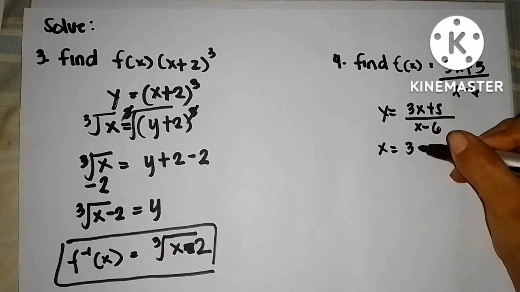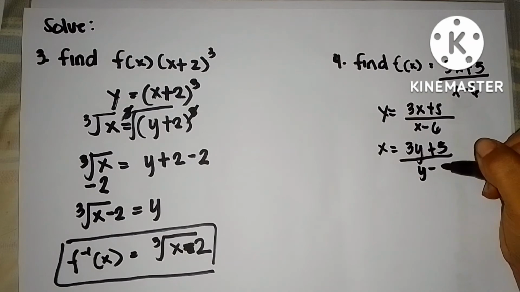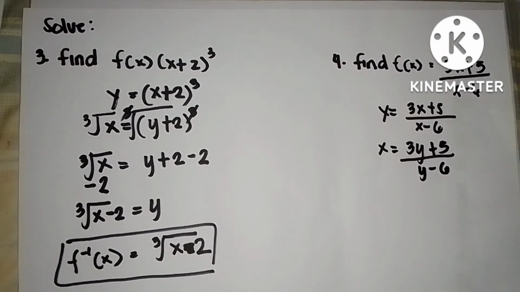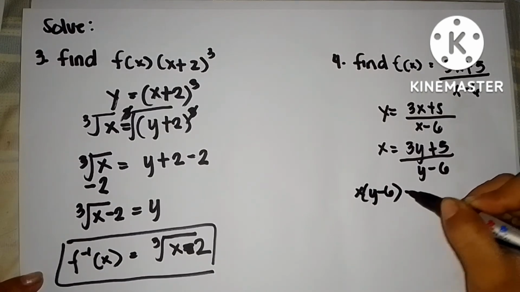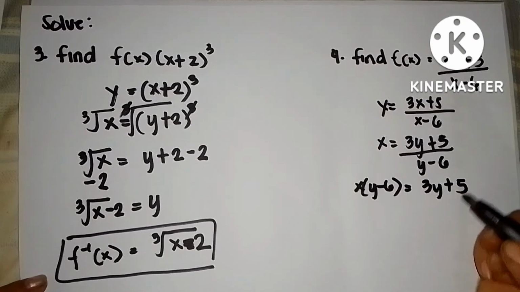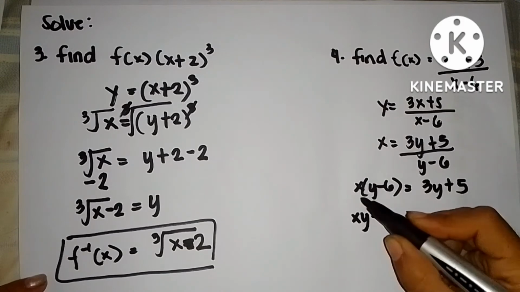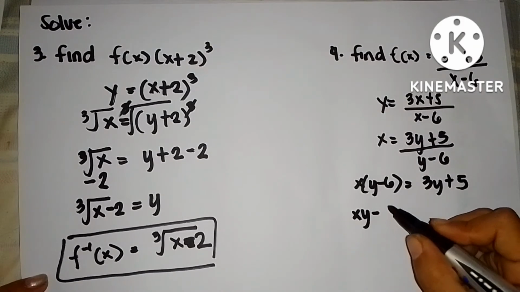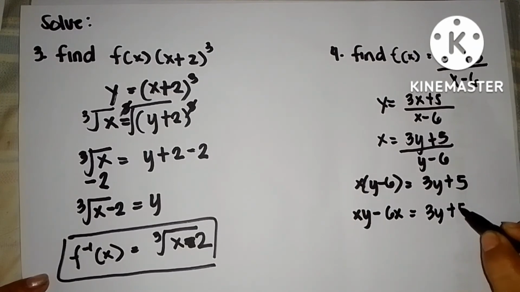So this will become x equals (3y plus 5) over (y minus 6). And then simplify. So this will become x times (y minus 6) equals 3y plus 5. So x times y is xy, x times negative 6 is negative 6x, equals 3y plus 5.